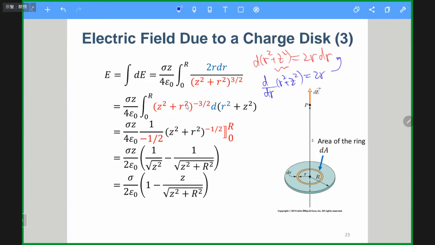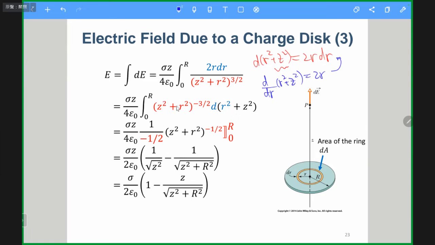So this is easy because this is like a polynomial, with of course a strange power. But this is not difficult because we just need to add 1 to the power and then divide by this value. And this is the antiderivative of this function, because we already have the d of r squared plus z squared here.